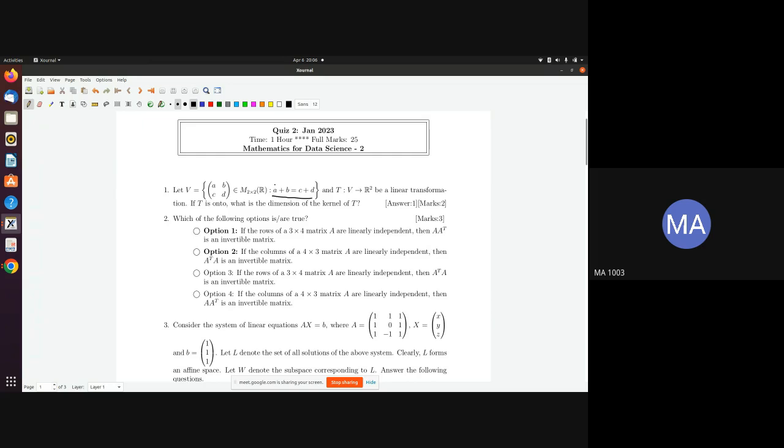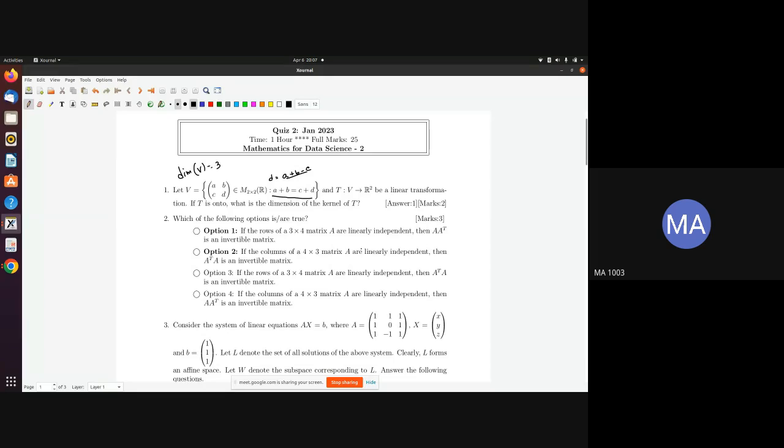How many independent variables? Three. So I can basically write A plus B minus C, and A, B, C are free. So it's R3, or not necessarily R3, but isomorphic to R3. The dimension of V is three. That is at least clear, right?